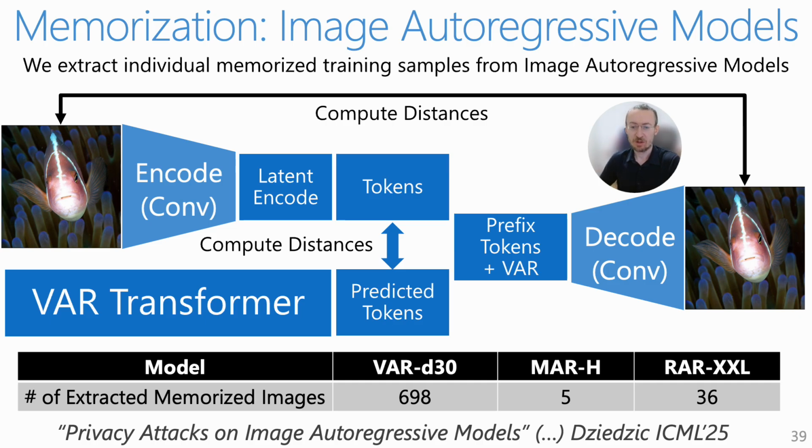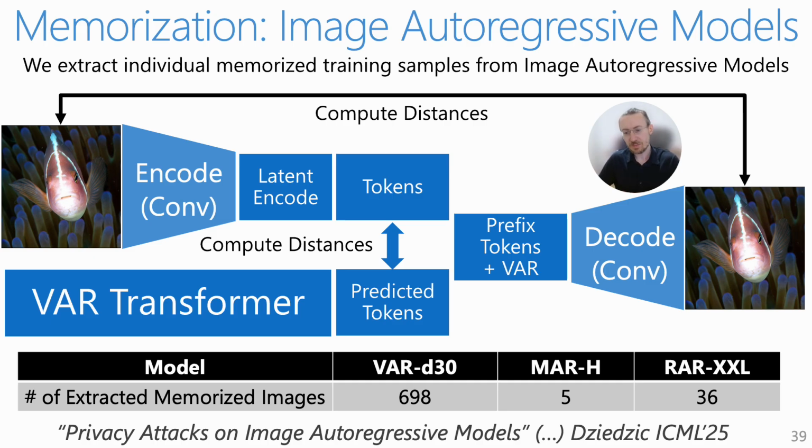So for example, for the model VAR-D30, this is one of the VAR transformers, we are able to extract 698 images. So this means that 698 of these training samples were almost verbatim memorized by the model. And to give you some more intuition, when do we define this as being verbatim memorized?